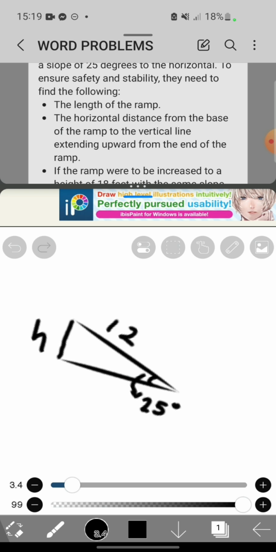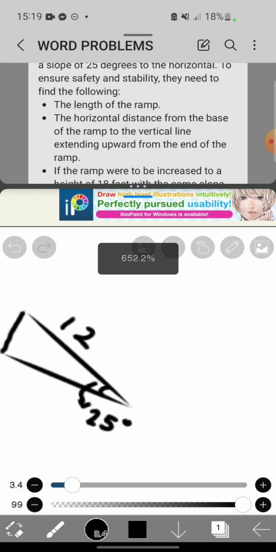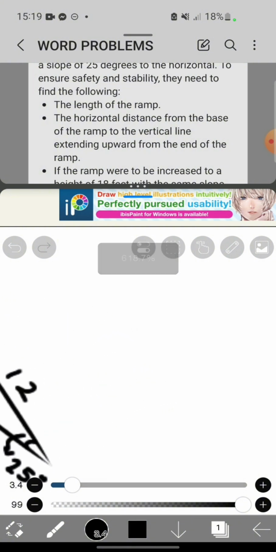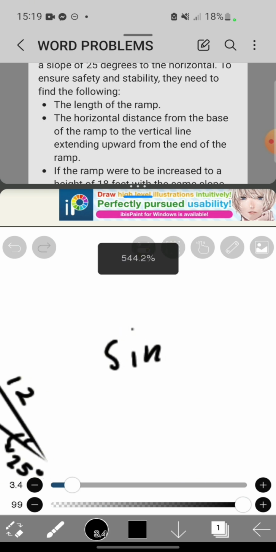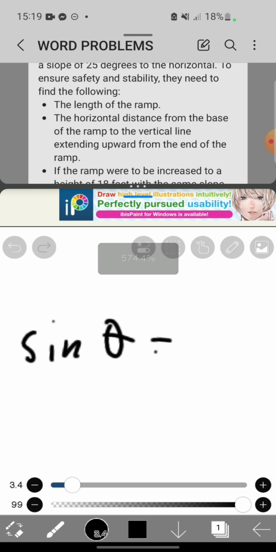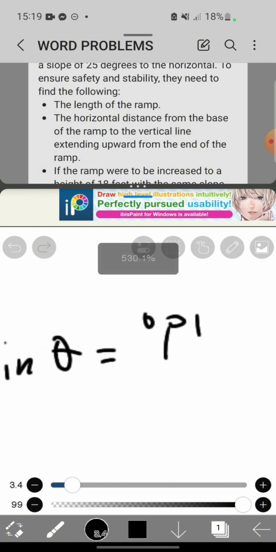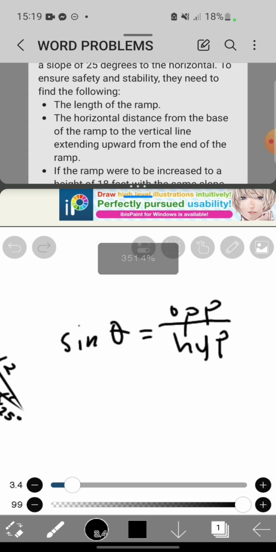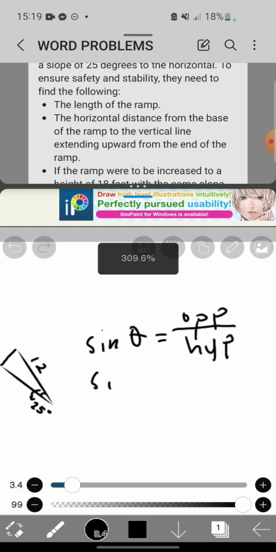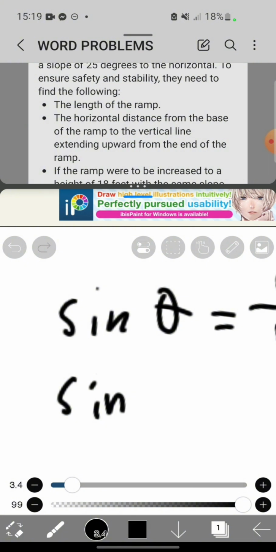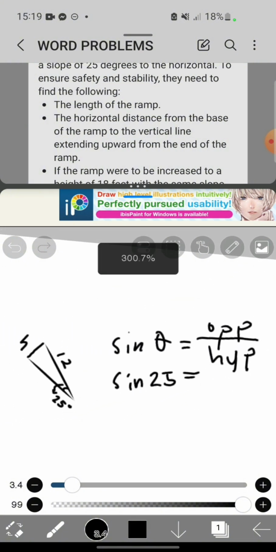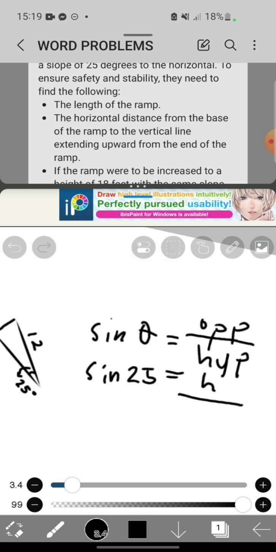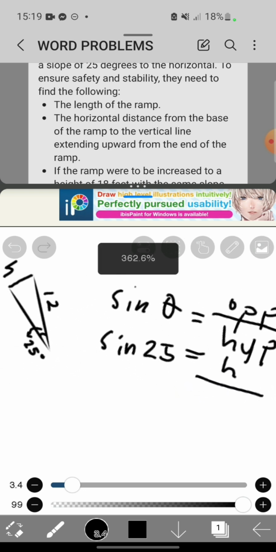So we have the opposite and the hypotenuse, so we use sine theta is equivalent to opposite over hypotenuse. So sine 25 is equivalent to the opposite of 12 over h.